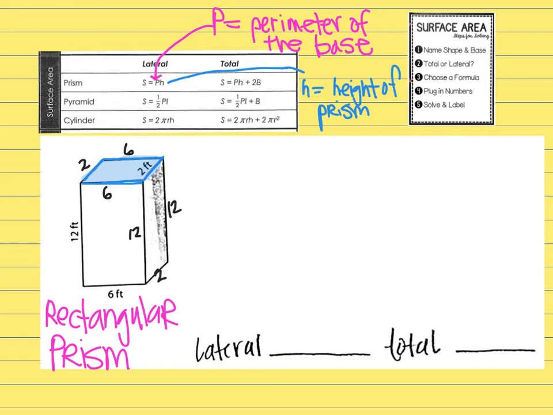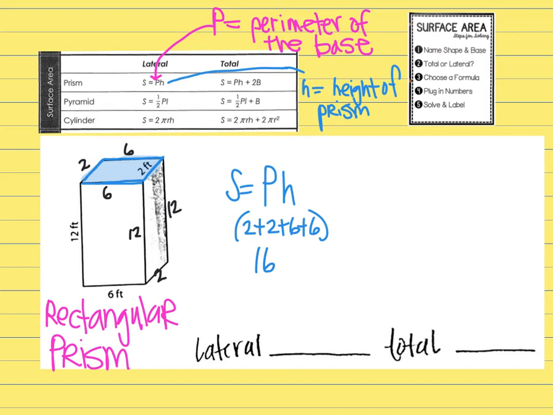The formula for lateral surface area is just capital P H. So the perimeter, the base again is this rectangle, 2, 6, 2, 6. I'm going to put all those together. 2 plus 2 plus 6 plus 6, which is 16. 8 plus 8 is 16.